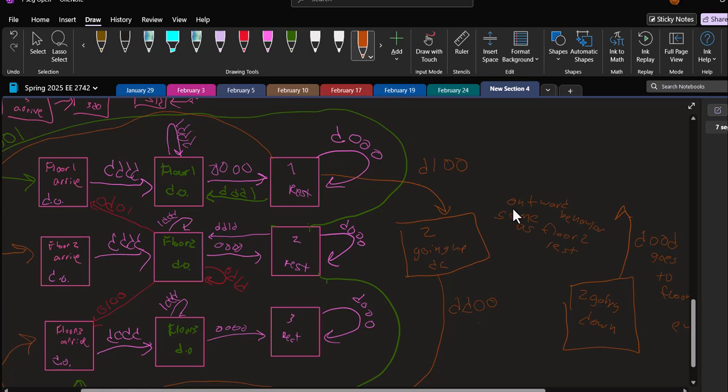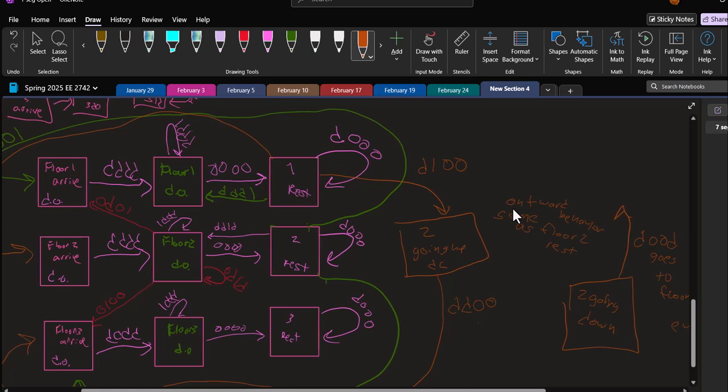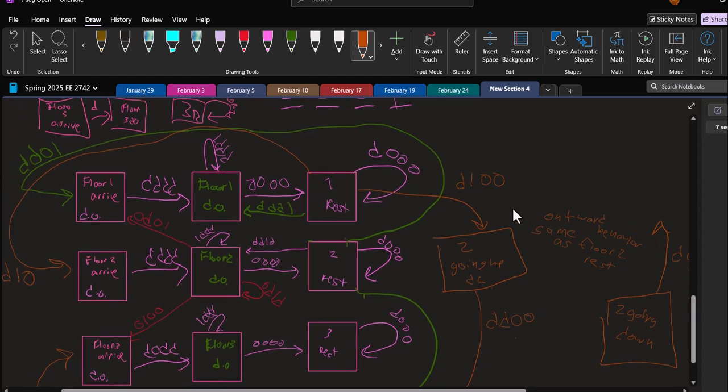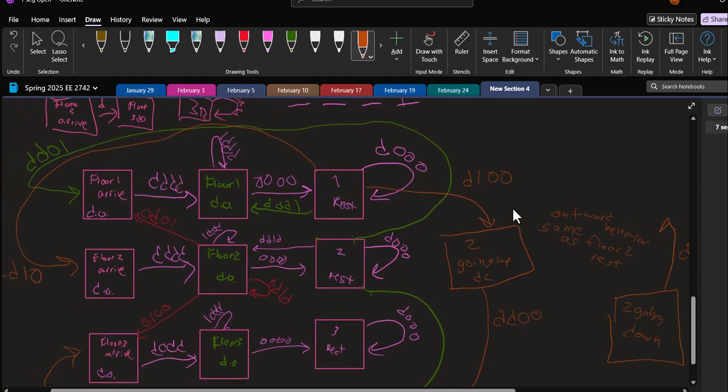And then floor 1 door open is going to be the same as what we just did for floor 1 at rest, just like floor 2 door open was the same as floor 2 at rest, with the exception of, what did we add here?